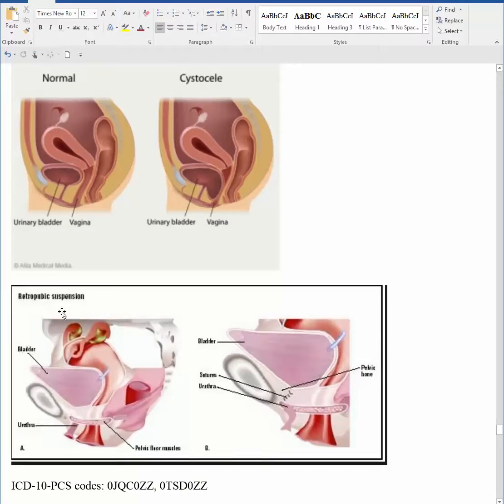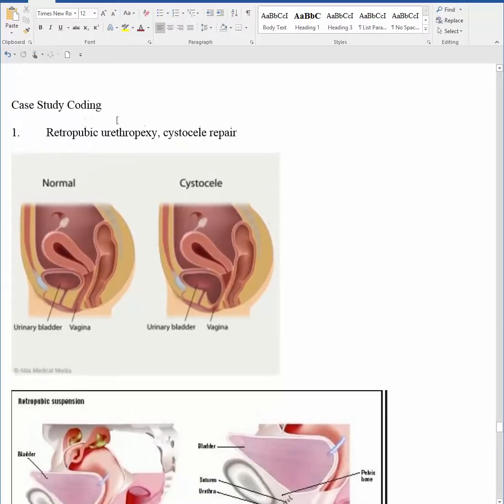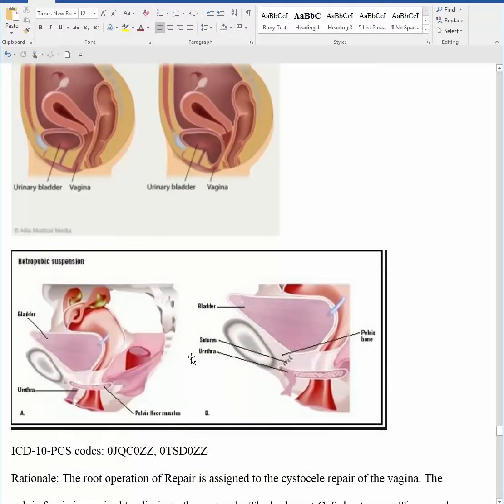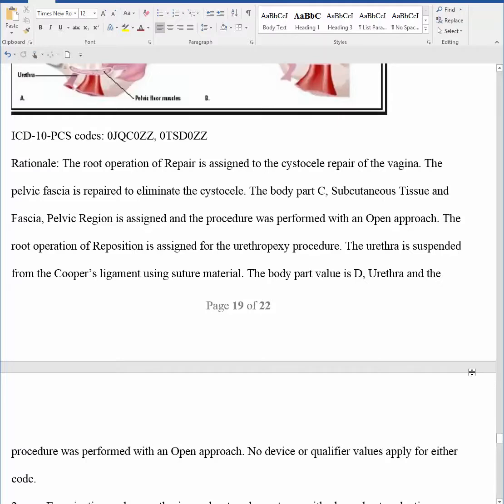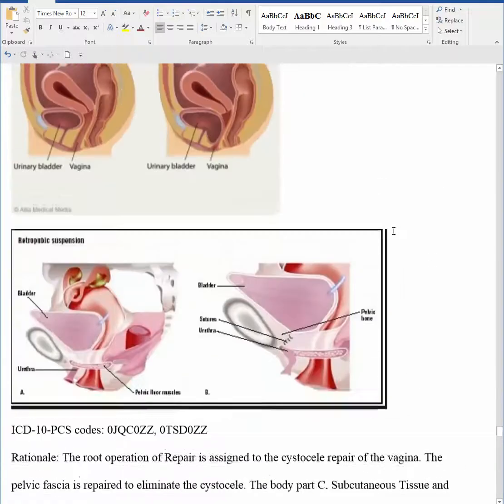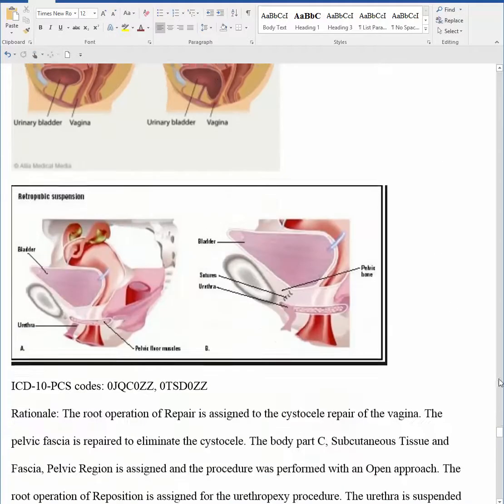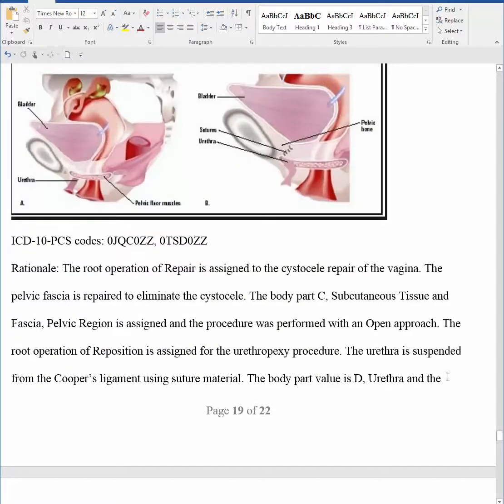And then we have this retropubic suspension, which is this urethropexy. Pexy is typically tacking something back, and typically they're using sutures. So the root operation of repair is assigned for the work on this cystocele, and that relates to the location and everything.